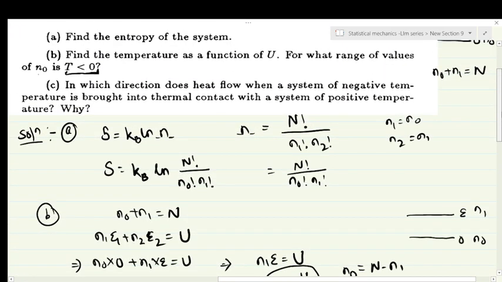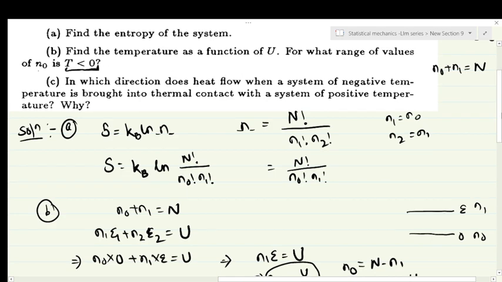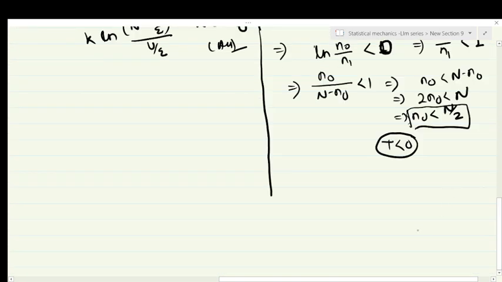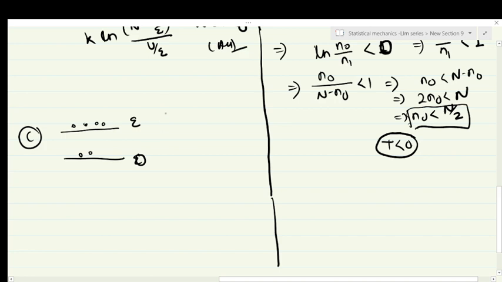Then question C is: in which direction does heat flow when a system of negative temperature is brought in contact with a system of positive temperature? What do you mean by negative temperature? Negative temperature means, if this is level 0 of energy and E, the population in the lower level is less compared to the upper level; population inversion occurs.